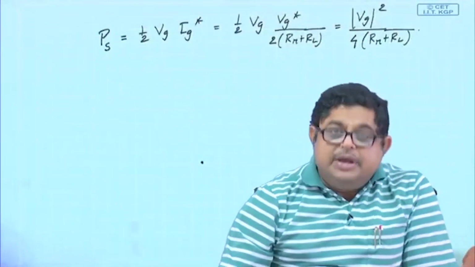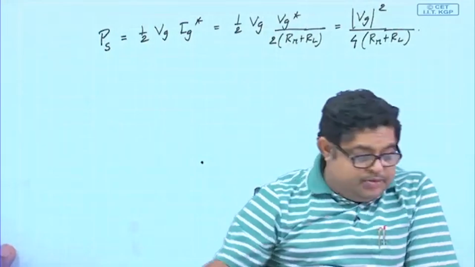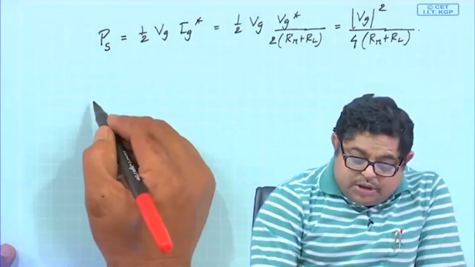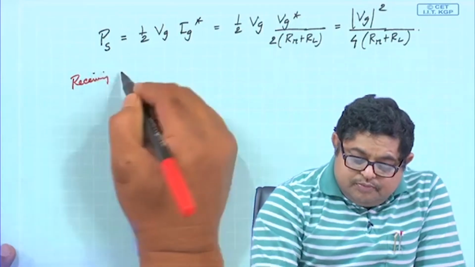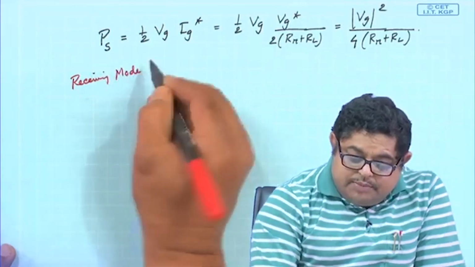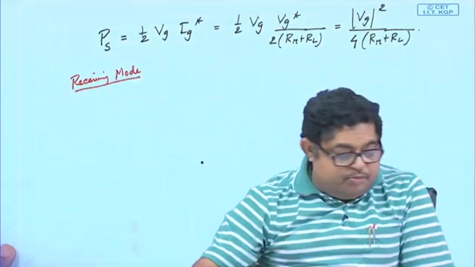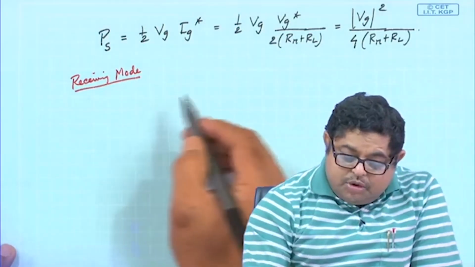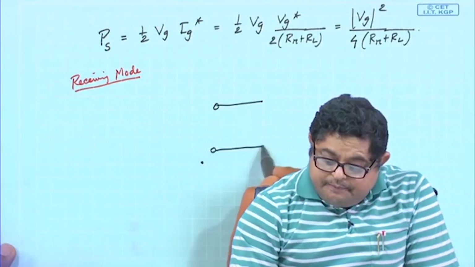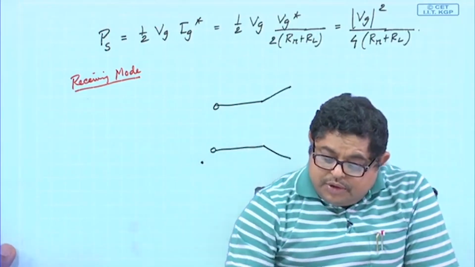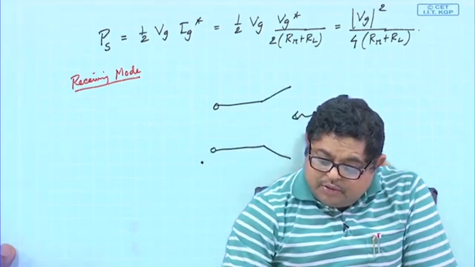Now, what will happen in the receiving mode? Let us draw the receiving mode, because we have seen the transmitting mode. In the receiving mode, we have that antenna. Now, in this case, the wave is coming.